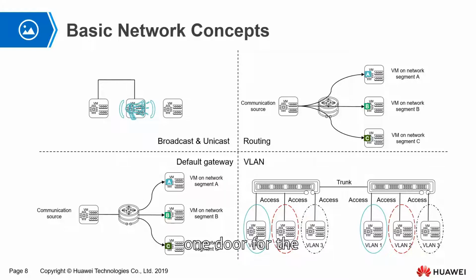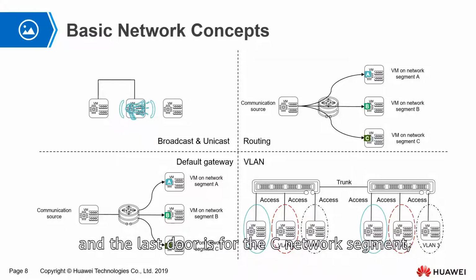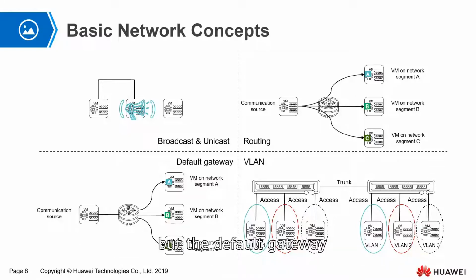One door for the A network segment, one door for the B network segment, and the last door for the C network segment. But the default gateway has only one door in this room. Whether it is A network segment, B network segment, C network segment, or an extra D network segment, all traffic goes out from this door.